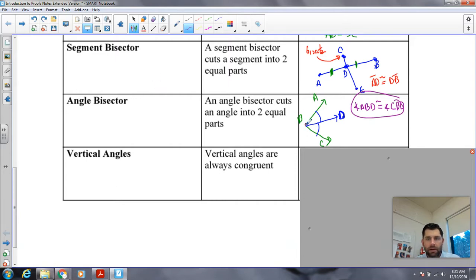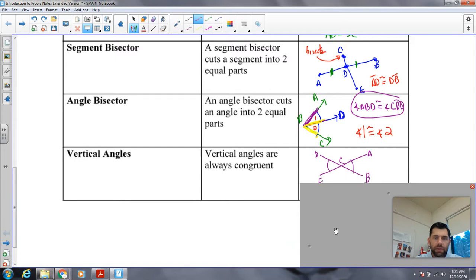Remember, the vertex is always the middle letter when you're naming angles. That's angle ABD right there in purple, and that's angle CBD right there in my yellow. And recall, if those give you trouble, you can always put a 1 and a 2 in there, and say angle 1 is congruent to angle 2. But an angle bisector cuts an angle into two equal parts.